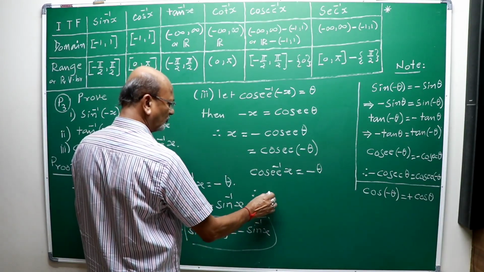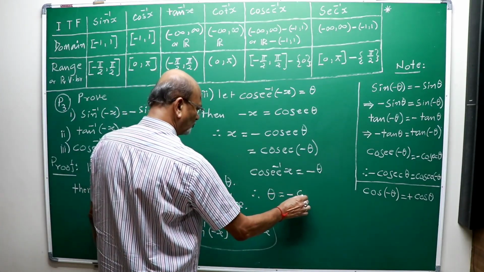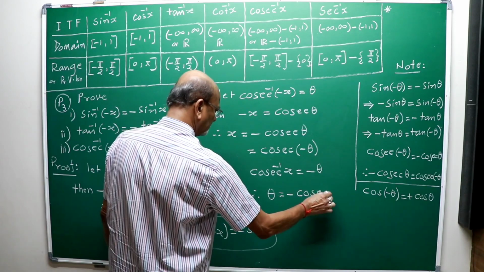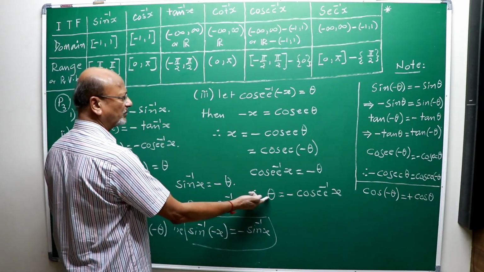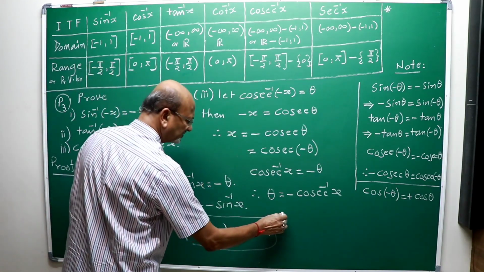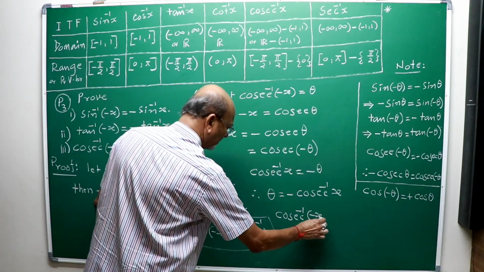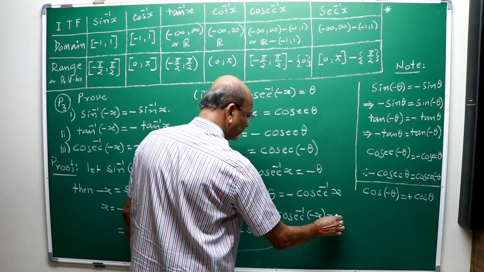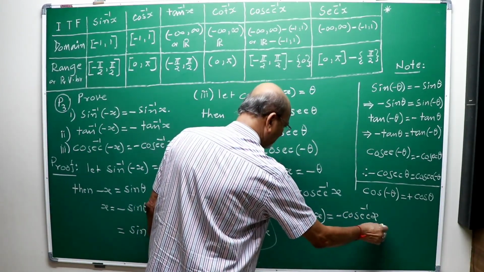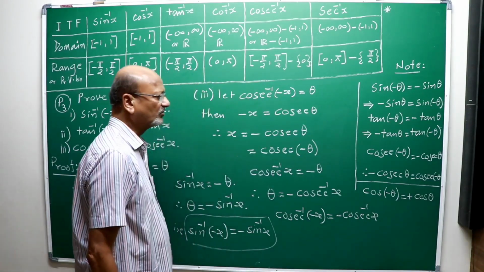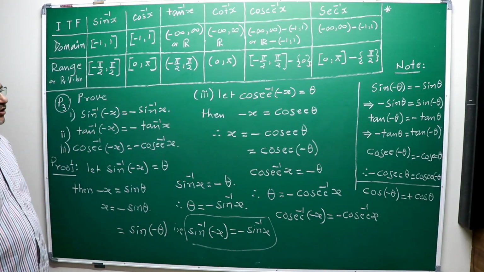Therefore, theta equals minus cosec inverse x. But, my friends, what is theta? Cosec inverse of minus x. So cosec inverse of minus x equals minus cosec inverse x, my friends. And this is the third one. All three have the same property, that the minus comes outside.